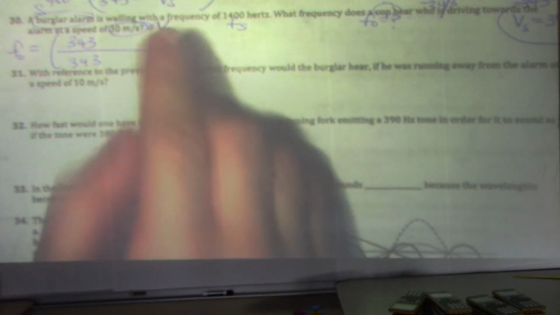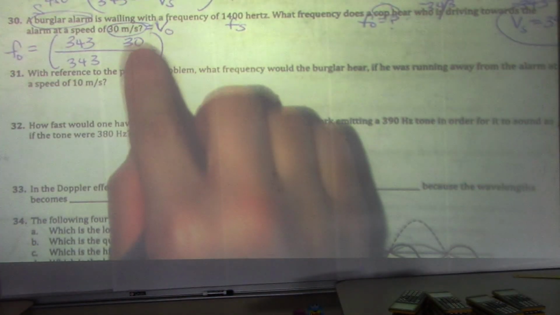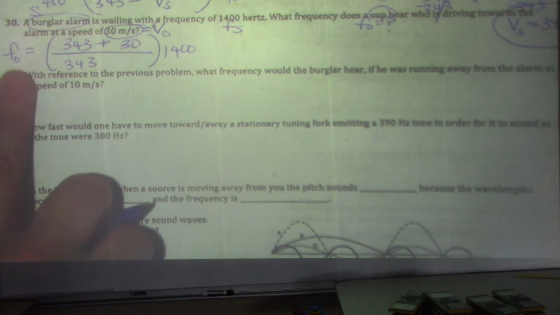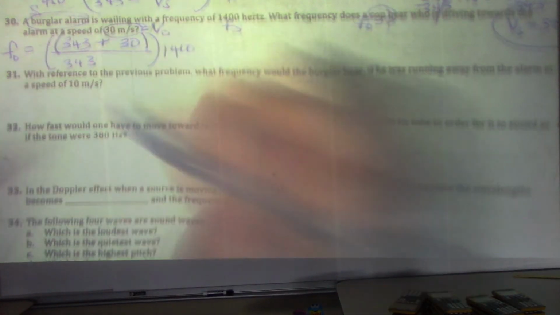Now straight plug in: f_o equals 343 over 343. The 30 is V_o, that goes on top, and it said driving towards, and on top towards is a plus sign. Then f_s is on the outside, the 1400. Now I don't need to rearrange because it's already f_o equals, but I do need to be careful with putting parentheses around whatever's being added or subtracted.